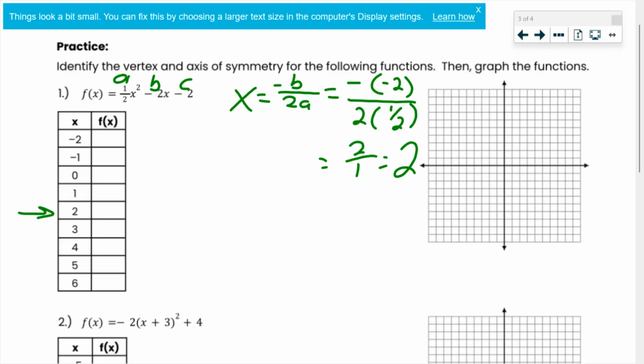And if I sub 2 in there, that'd be 2 squared is 4, times 1/2 is 2, minus 4 is -2, minus 2 is -4. Which you can do on your calculator.